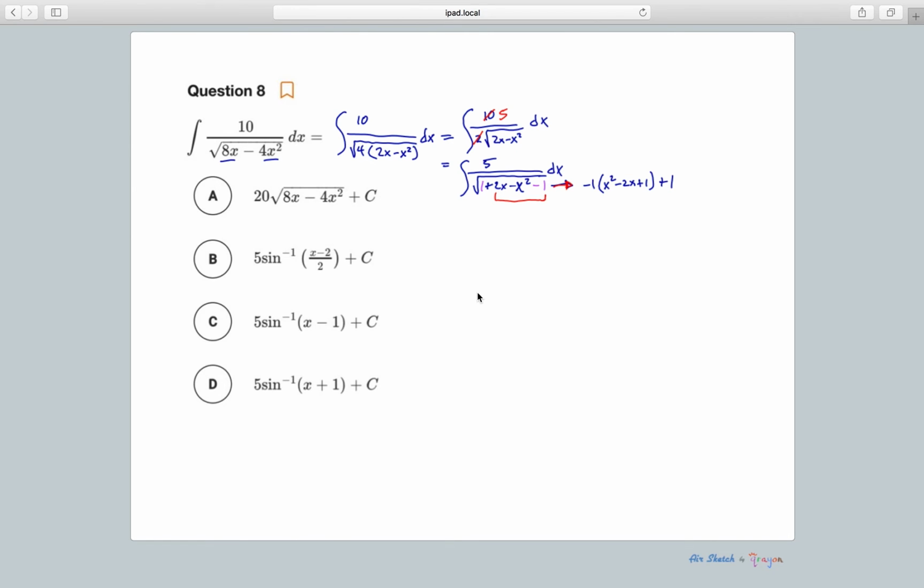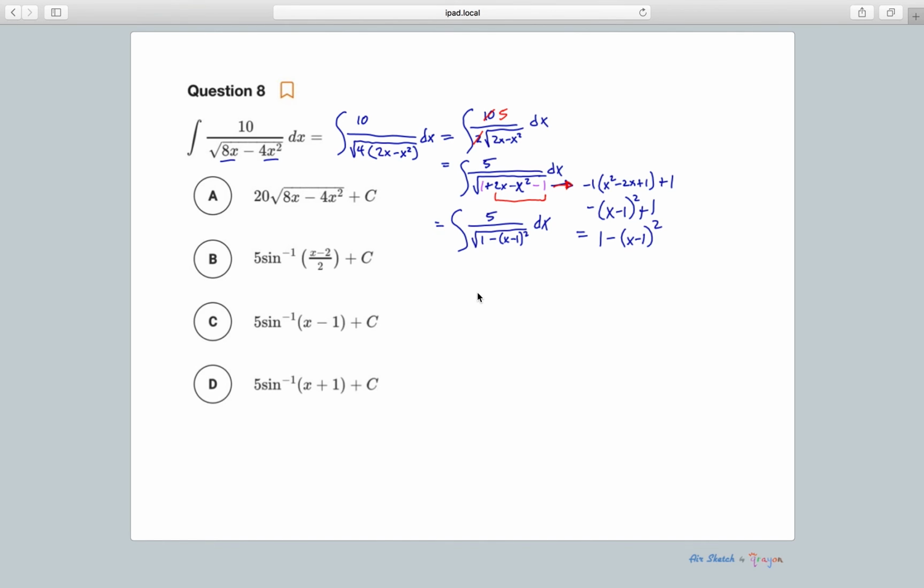And that's going to allow me to factor this down to negative x minus 1 squared plus 1, or equivalently 1 minus x minus 1 quantity squared. Okay, so that's what's going to be under my radical. All right, so that'll make this work out for us. 1 minus x minus 1 squared dx.